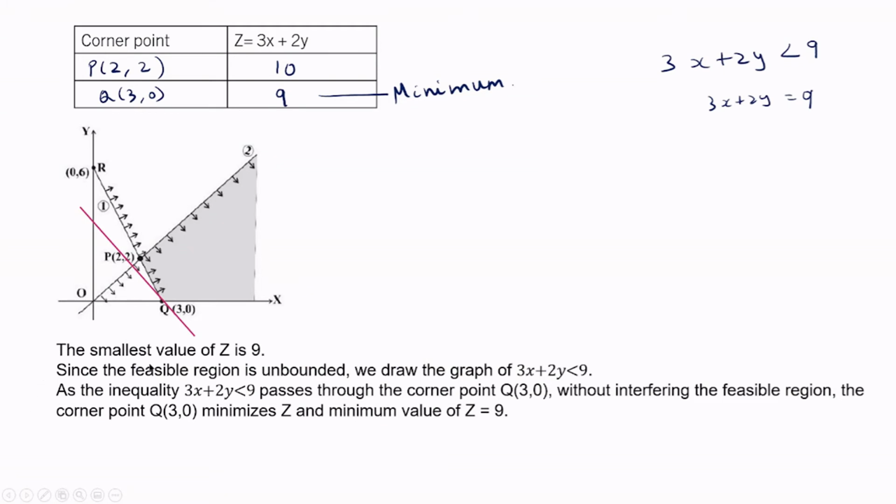So we have the smallest value of z is 9. Since the feasible region is unbounded, we draw the graph 3x plus 2y less than 9. As the inequality 3x plus 2y less than 9 passes through the corner point Q(3, 0) without interfering with the feasible region, this corner point Q(3, 0) minimizes z, and the minimum value of z is equal to 9.